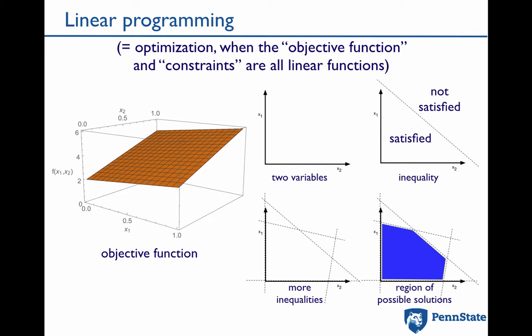If we start having constraints that these variables have to satisfy, then it cuts down on the region in which we might look for a solution.